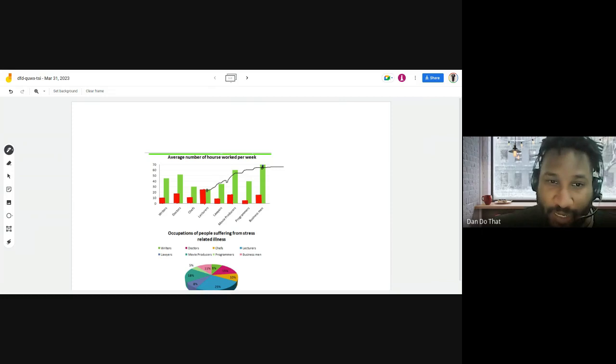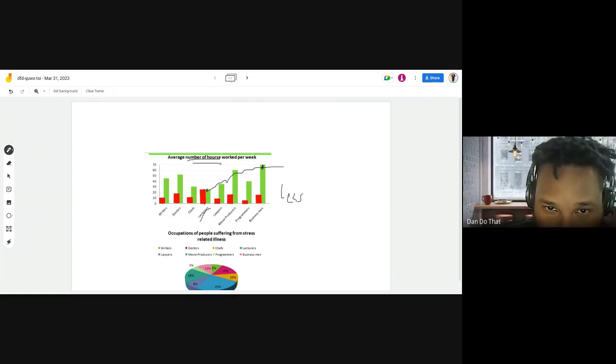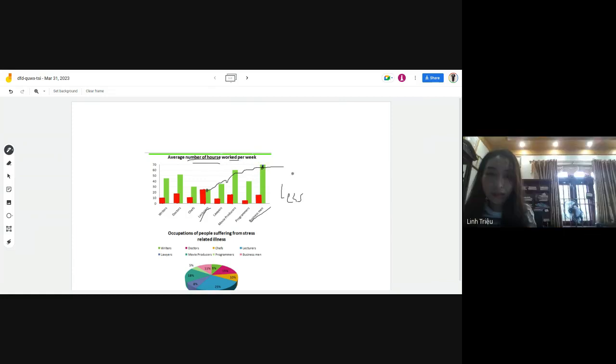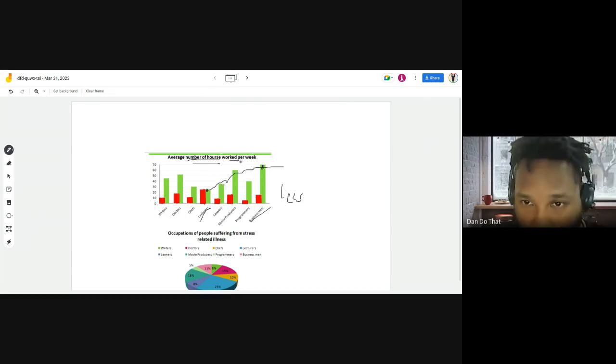So you're saying that the number of hours lecturers work is less than the number of hours businessmen work. Yes? Yes. Okay. So that's your first trend.